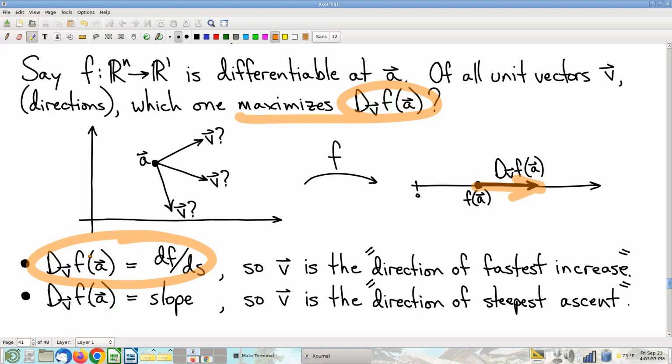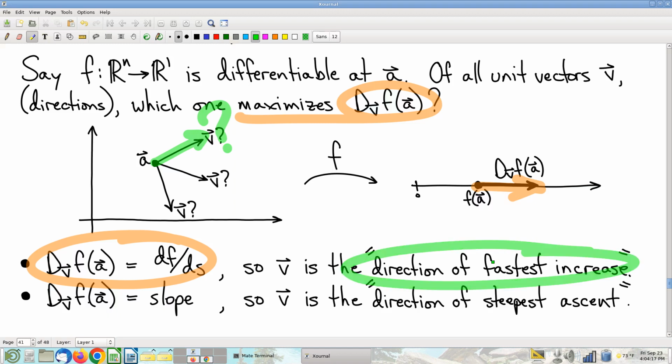With that in mind, I am looking for the direction that makes the rate of increase the fastest. I think it's pretty reasonable to call that direction the direction of fastest increase. Borderline too on the nose, but that's exactly what we're looking for, the direction in which the function's increasing the fastest. Does everybody see that?